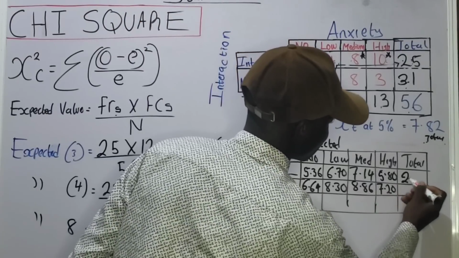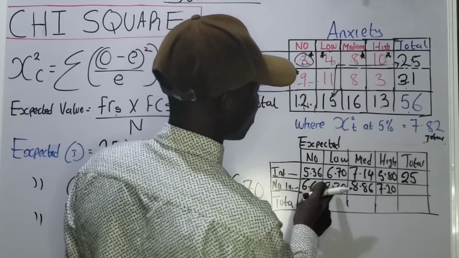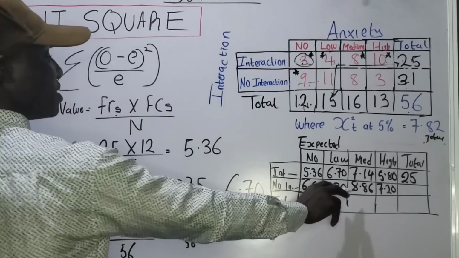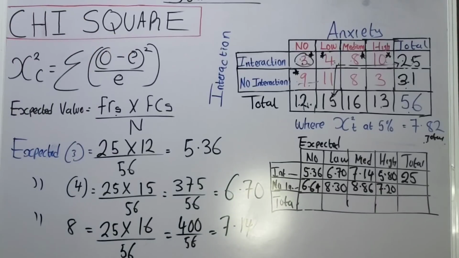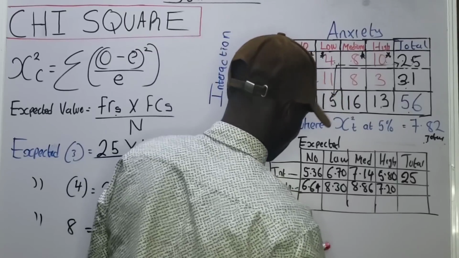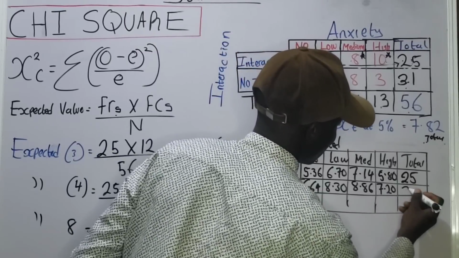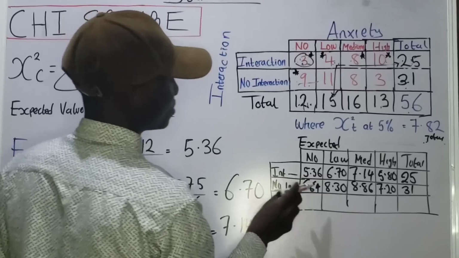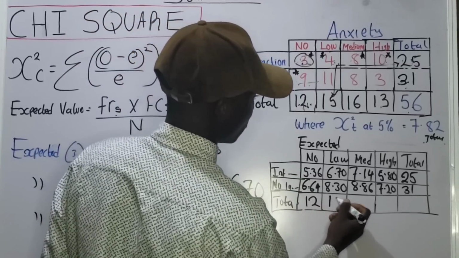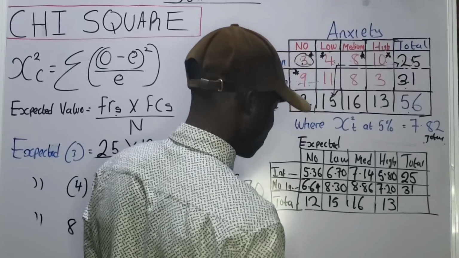When you add 6.64 plus 8.30 plus 8.86 and plus 7.20, you are still going to arrive at 31. So here you are going to have 31. If you add these together, you're going to have 12, here 15, here 16, here 13. And the total will be 56.